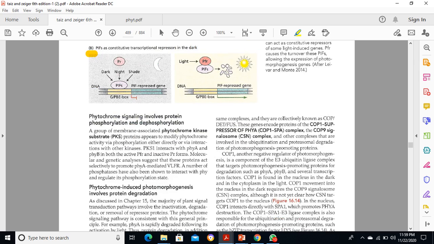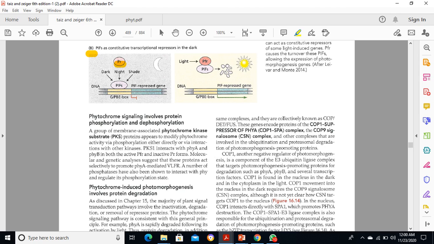In the dark, you know that phytochrome exists in the inactive PR form, so the PIF is free. So PIF will bind to the photomorphogenic genes, and this PIF will act as a repressor for photomorphogenic genes because it is the dark side.